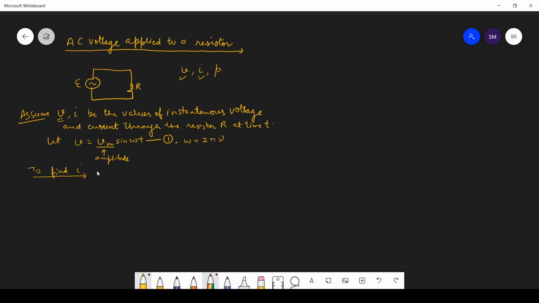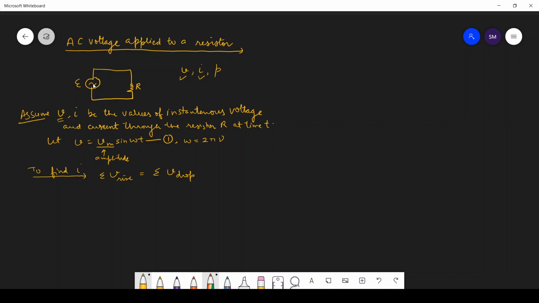Now let us apply Kirchhoff's loop rule. Kirchhoff's loop rule says that the sum of all the voltage rise is equal to the sum of all the voltage drop. Now what is the voltage rise?